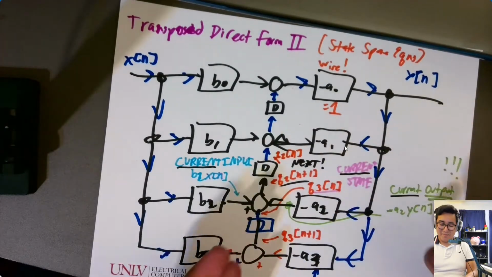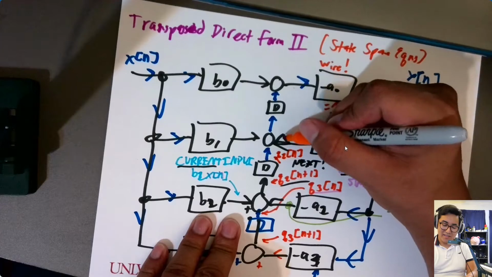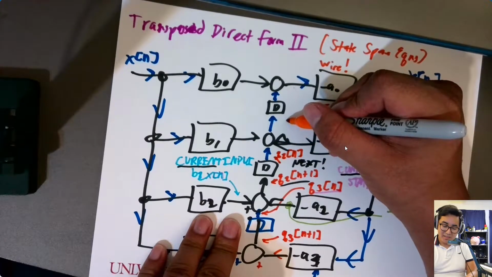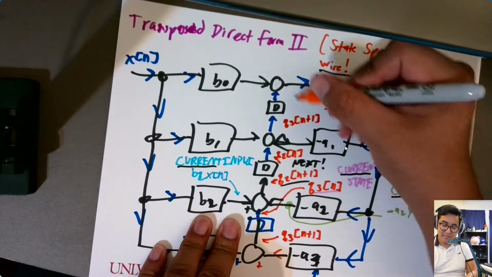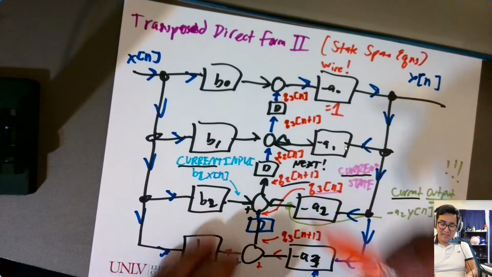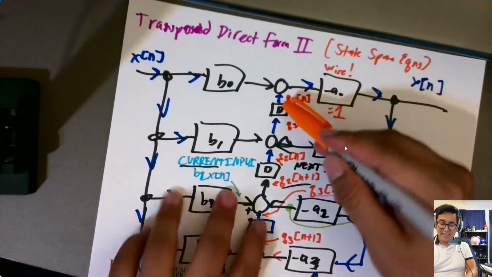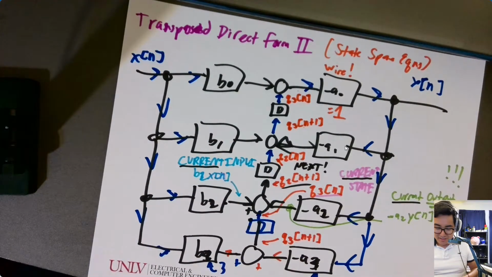And then you start seeing the pattern, and now we can label this as Q3 of n plus 1. And what do we have here? Q3 of n. And yeah, that's all the internal nodes.